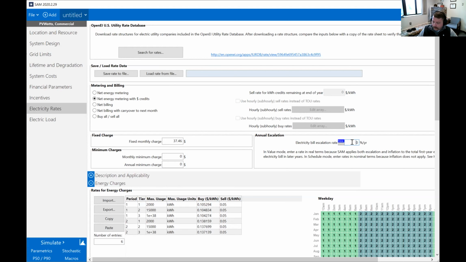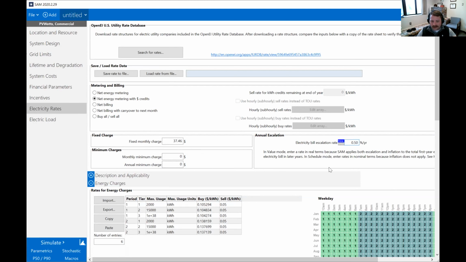To be conservative, we usually leave this somewhere between 0.5% and 1.5%, or maybe 0 to 1.5%. I never go above 1.5% unless I'm being ultra aggressive, and then we have to be careful with what we come up with. So I'm going to put in 0.5% there. It's escalating just slightly faster than the economy.